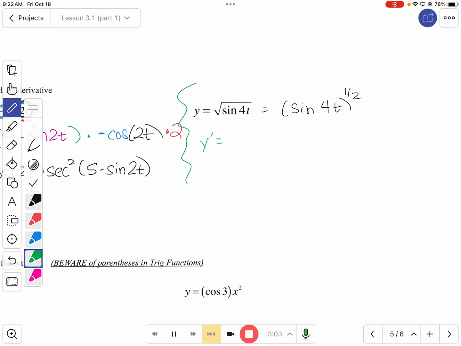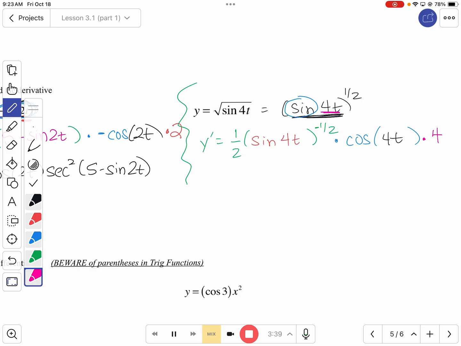So my first outside function is something to the 1/2, and we would keep that sine 4t. But now as I look at that inside, that too is a composition. So let's start with that outside. The derivative of that outside would be what? Cosine. Cosine, and I would keep the 4t, and then times the derivative of that inside, which would be 4.